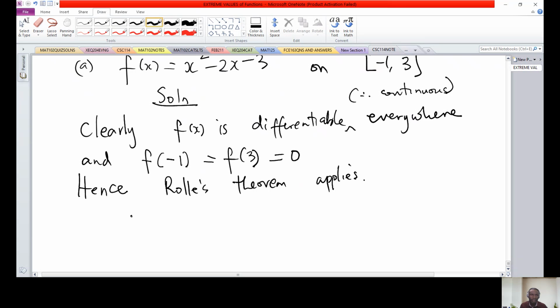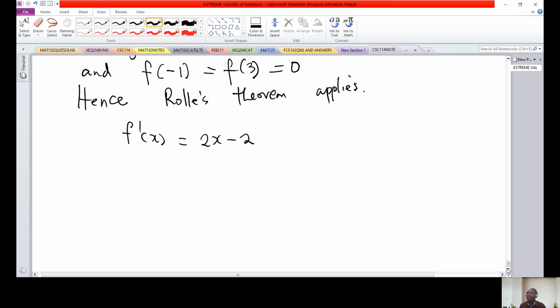So now let's get f prime of x, which is given by 2x minus 2. And then to get that c, we solve this equation. f prime at c should equal 0, which means 2c minus 2 equals 0.